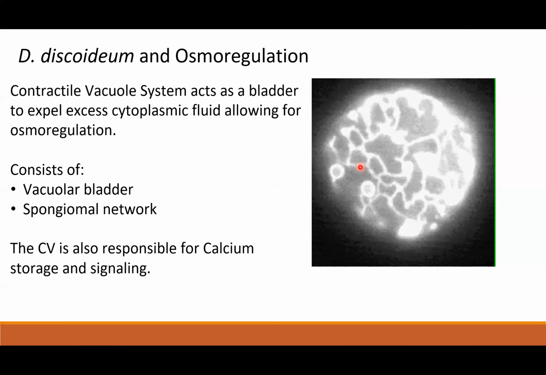And the spongiomal network is where proton pumps are found, including the V-H-ATPase pump, which allows for electron movement. It's also been found, because of the abundance of calmodulin, that the contractile vacuole system is responsible for calcium storage and signaling as well.